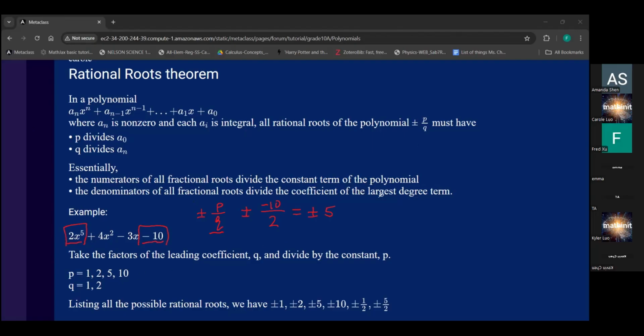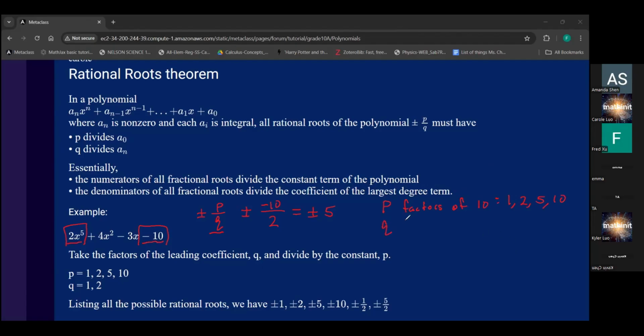So we have p. Remember, p must be the factors of -10. Or since it doesn't matter if it's negative or not, you can just find the factors of 10, right? So that's 1, 2, 5, and 10, right? 1 times 10 is 10, and 2 times 5 is 10.